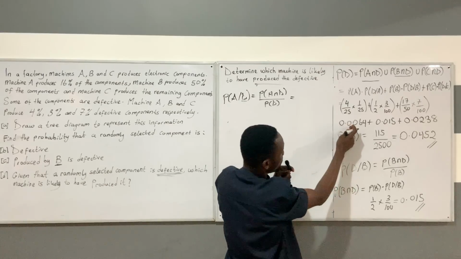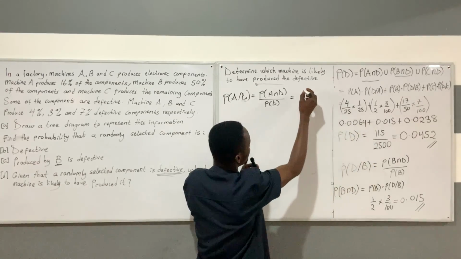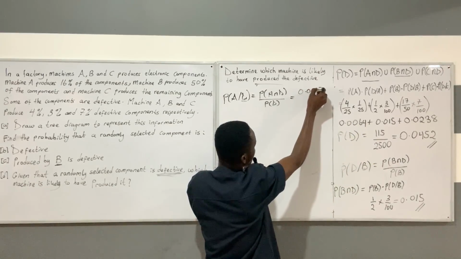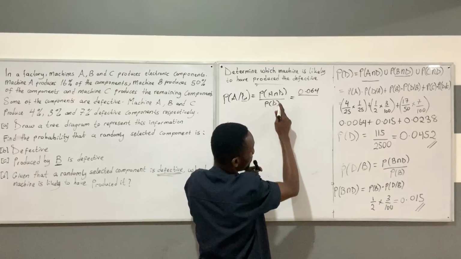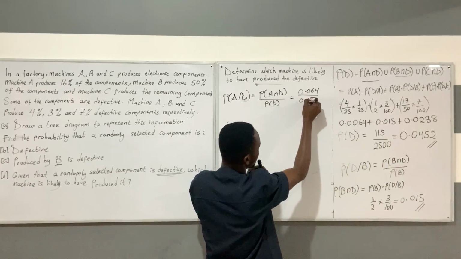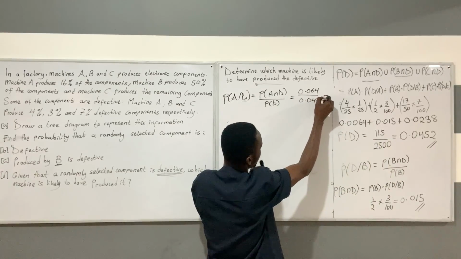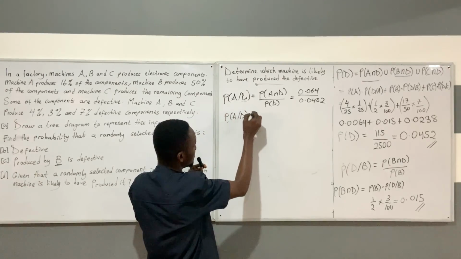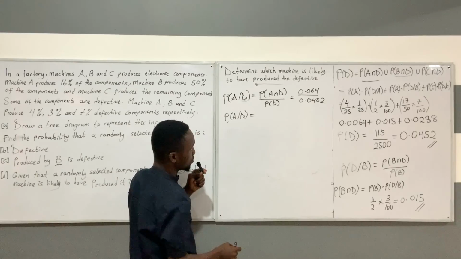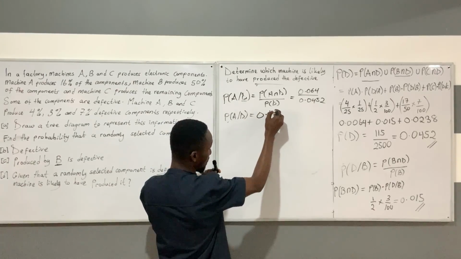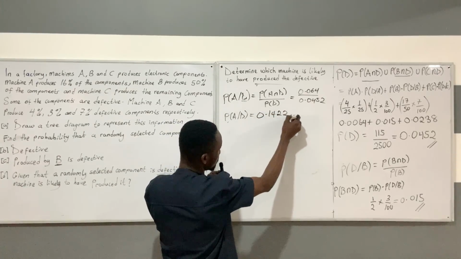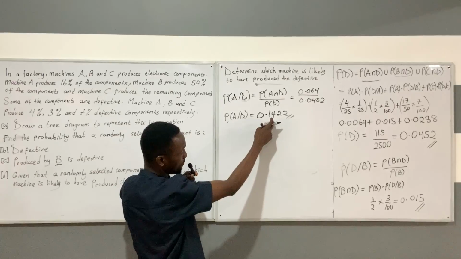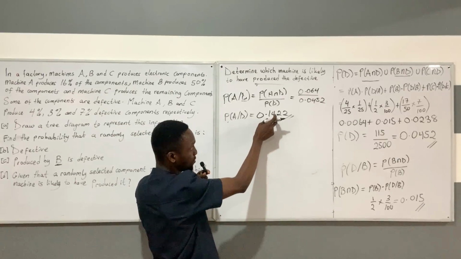It gave us 0.064. So we have 0.064 divided by probability of D, which was 0.0452. So P of A given D has occurred is equal to 0.1422. So punch this on your calculator, you have this. Please correct me if I'm wrong.